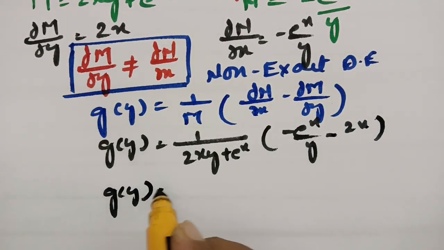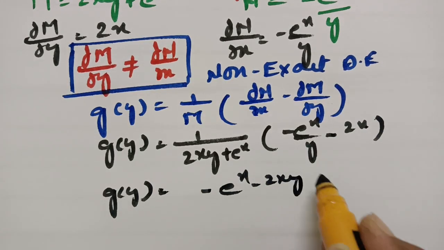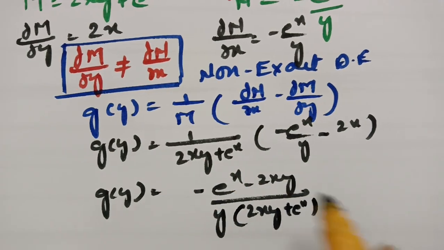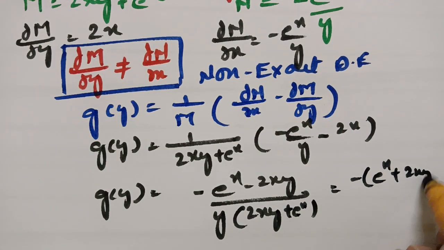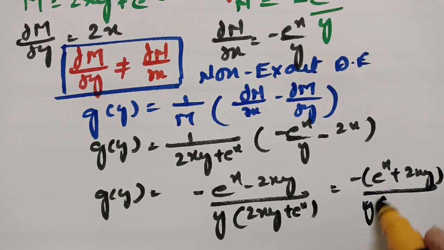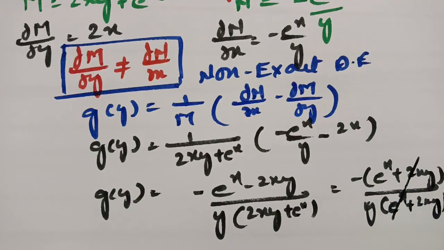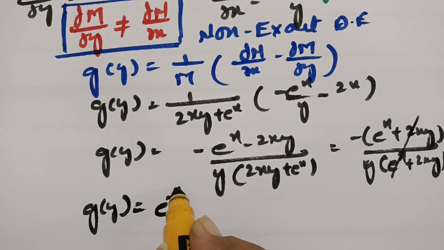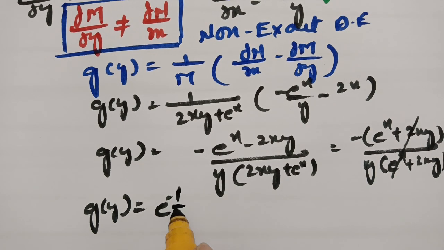If I take y as the LCM, it is (e^x - 2xy)/y into 1/(2xy + e^x). Taking minus common, it is -(e^x + 2xy)/y times 1/(e^x + 2xy). If I cancel this, g(y) is equal to -1/y.